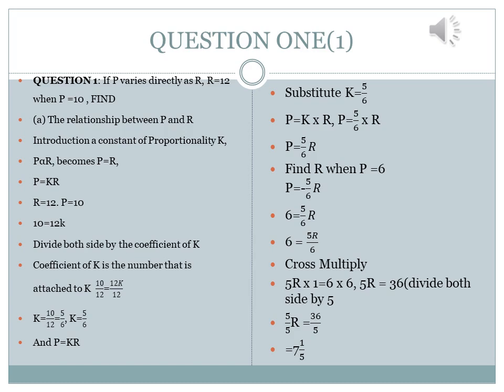So how many 5 can we get in 36? That is 7, remainder 1 over 5. Therefore R will be equal to 7 whole number 1 over 5, and that will be our final answer.